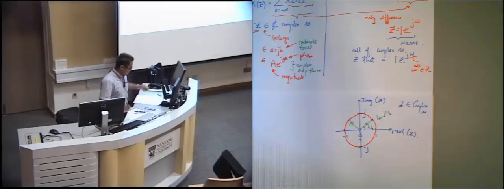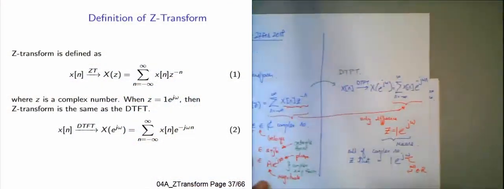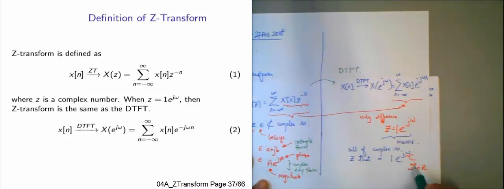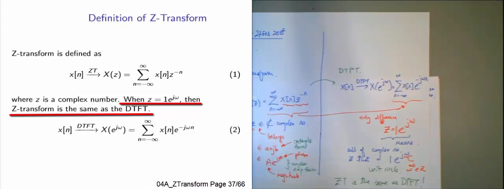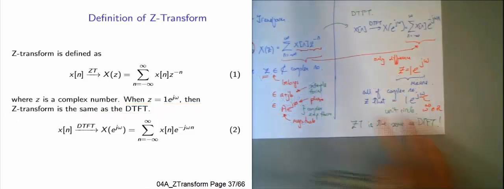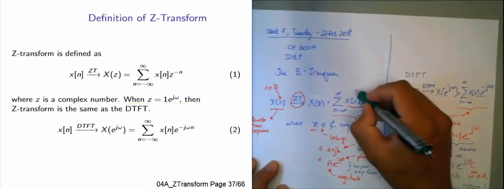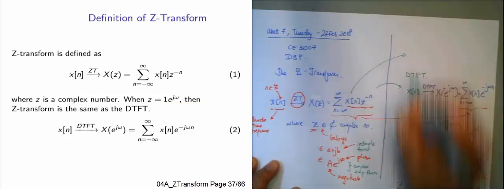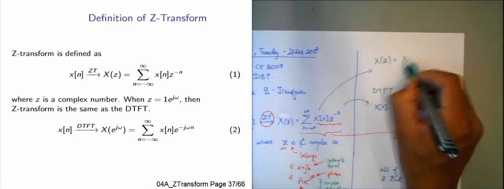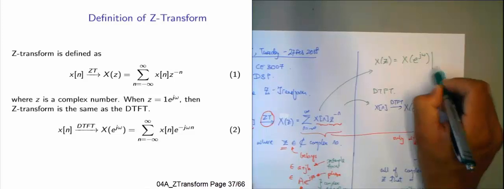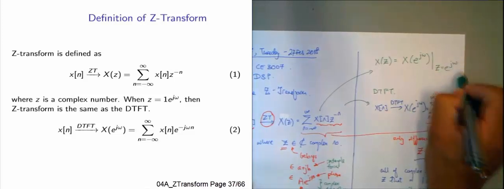That's enough. And now you realize that when z is on the unit circle, the Z transform is the same as the DTFT. Okay? So in fact, X of z equals X of e to the j omega when z equals e to the j omega.